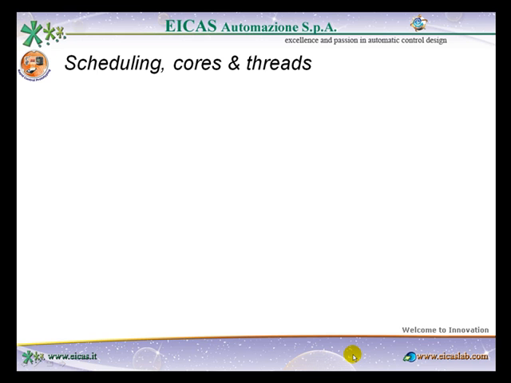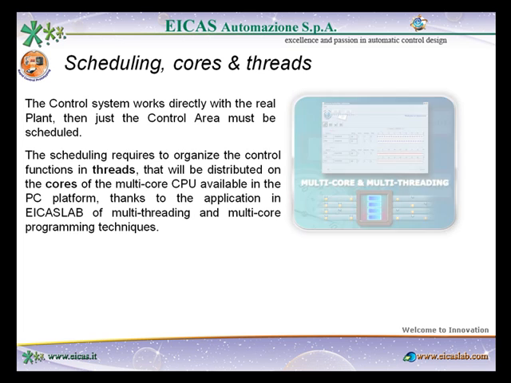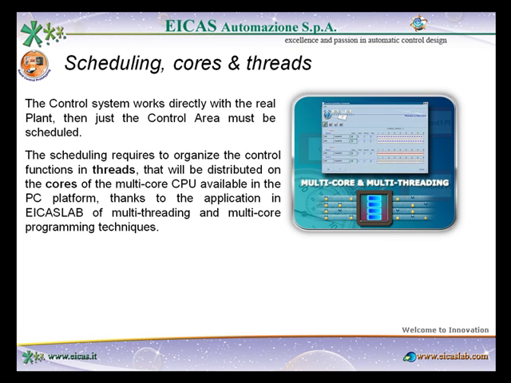In rapid control prototyping, the control system works directly with the real plant. Then, just the control area and, if you want, a part of the mission area must be scheduled. The scheduling requires to organize the control functions in threads that will be distributed on the cores of the multi-core CPU available in the RCP platform, thanks to the application in EICASLAB of multi-threading and multi-core programming techniques.